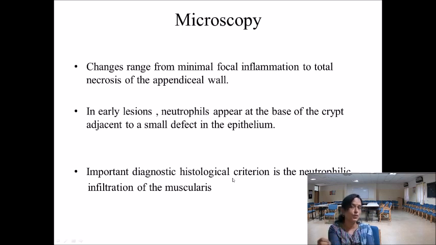What is transmural? That means we see acute inflammatory cells, that is neutrophils, in all the layers. We discussed four layers: mucosa, submucosa, muscularis, then it can go on to the serosa, and this pus or purulent exudate could be present in the lumen also.